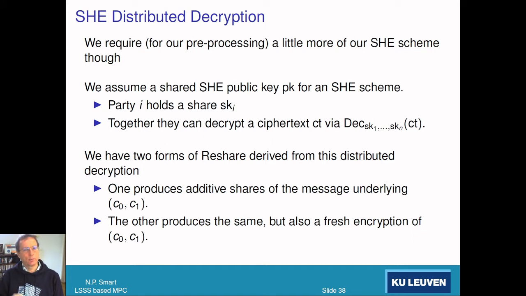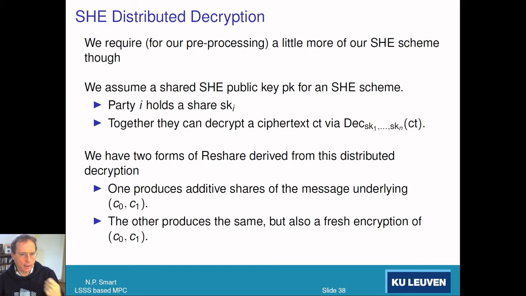The other thing we need is a form of distributed decryption. It's not really doing distributed decryption; what it really does is a form of resharing. The underlying key for the homomorphic encryption scheme is not going to be known by anybody, but everybody is going to have a share of the underlying decryption key.